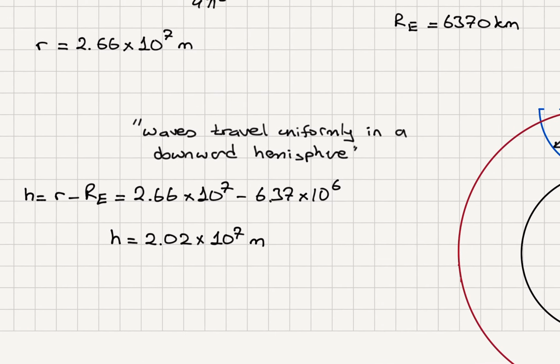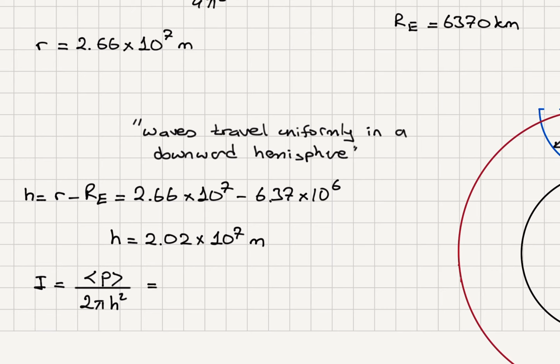Now the intensity that will hit the receiver is the average power P divided by 2 pi h squared, which is the surface area of the downward hemisphere.